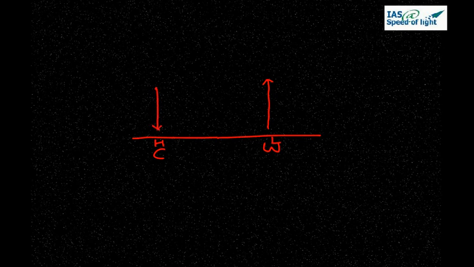Let's see the cross section of what is happening here. So this is my surface. Here I am cooling off, and here it is a warmer section. So here it is a high pressure and here it is a low pressure. So with low pressure, we see the air will rise up, and with the high pressure, air will become dense, and it will move down, or it will sink.